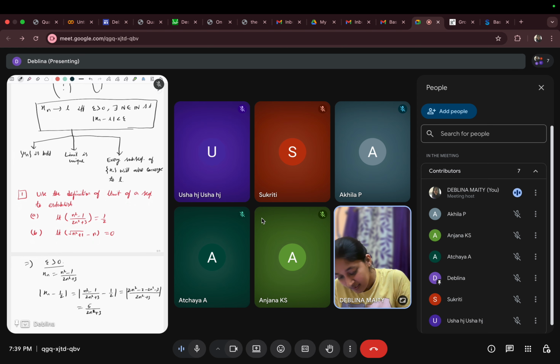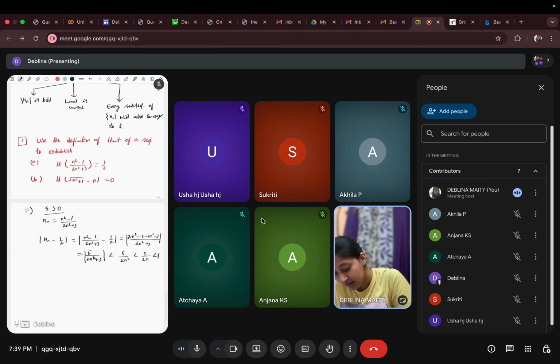So this is going to be less than, since n square is also, 2 by n. Now this is less than epsilon when n is greater than 5 by 2 epsilon. We can find some n which satisfies this property.